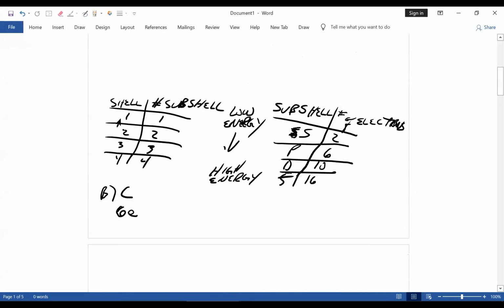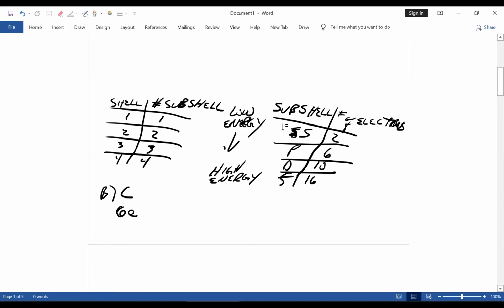Now, what's the starting point? You always start with the lowest energy shell, 1. Remember, going from 1 to 4, you go from low to high energy. I won't put this part on the test that you have to remember, but the first shell is 1. And what's the first subshell in 1?